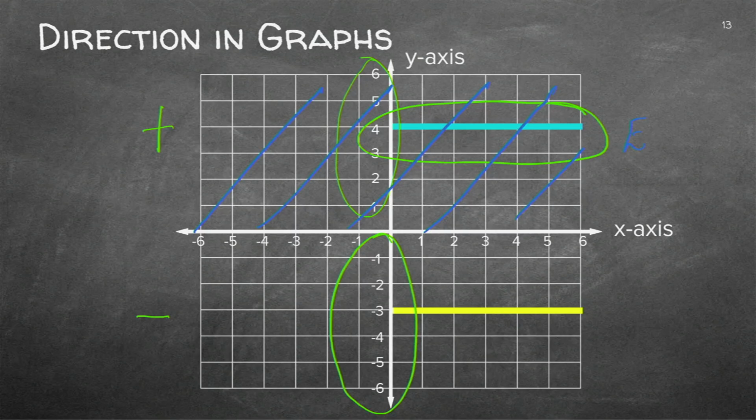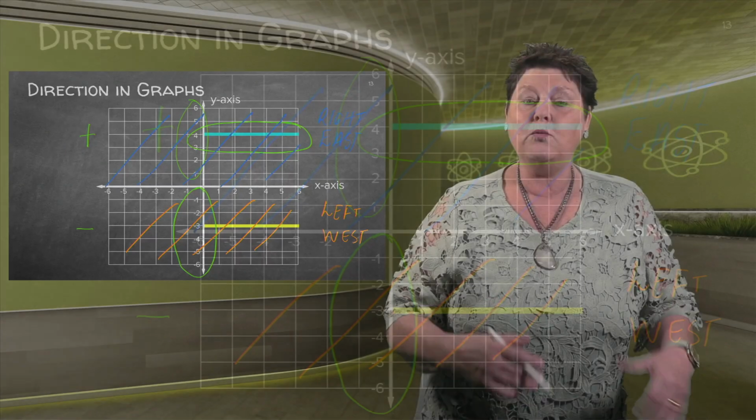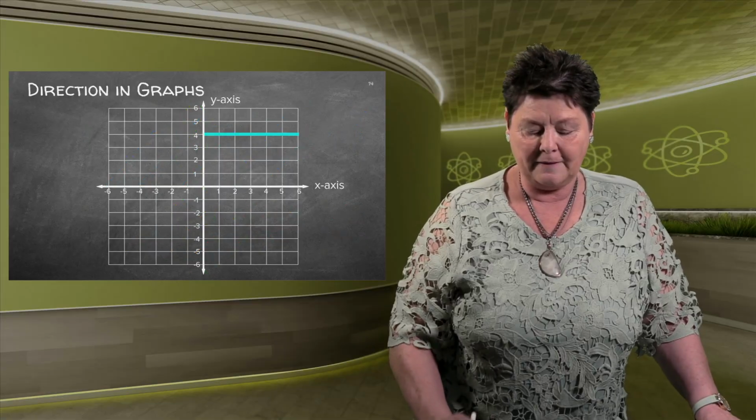Let's say, for instance, east, or let's say right. It will resemble a movement to one side. On the other hand, this whole section at the bottom will resemble, if it was right, then this will be to the left. If it was east, this will be to the west. So be very careful when you do graphs that you know in which quadrant I'm working. Does it resemble one or the other?